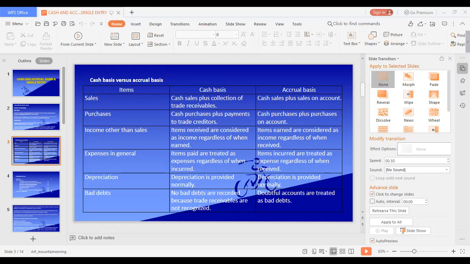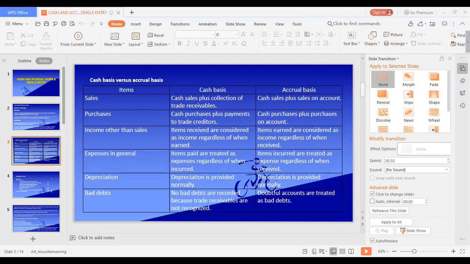Now, since this amount was not recorded at the end of 2019, it will be recorded at the beginning of January. This is a beginning inventory. Then we have to record inventory at the end of the year by a debit to merchandise inventory at the end of the year and credit to income summary. So actually one is for the beginning and the other one is for the ending.